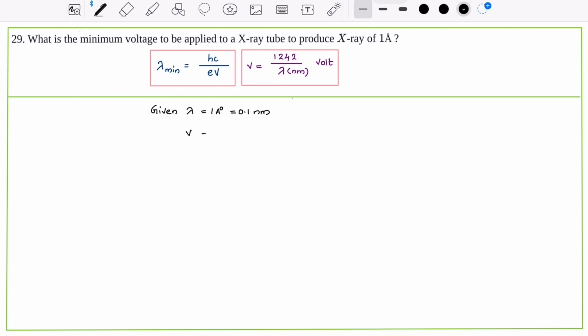The expression for minimum voltage is equal to 1242 by lambda, where lambda is in nanometer. Therefore, we can say V is equal to 1242 by 0.1, that is 12420 volt, or V is equal to 12.42 kilovolt.